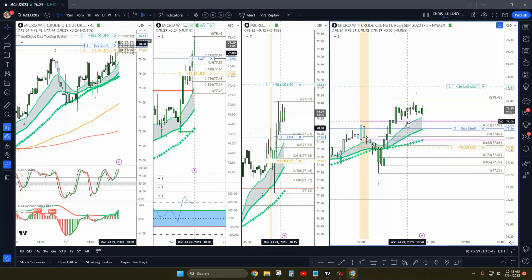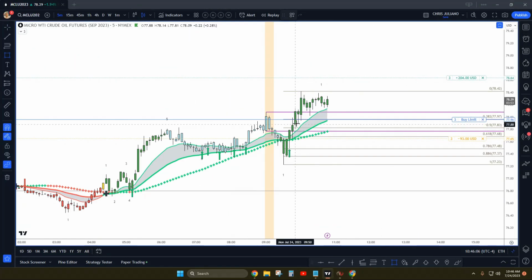We really hit this already, guys. So if it does come back, maybe it comes back a little bit deeper. That's why I went for this 382. Maybe it wants to hit the 50. You'll never know.